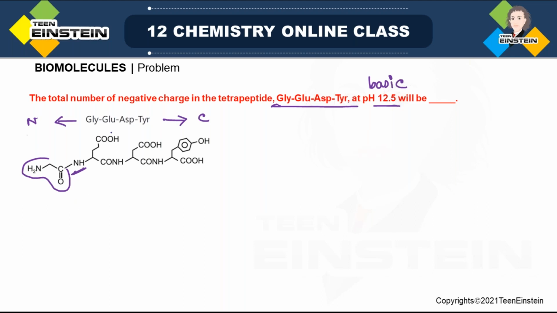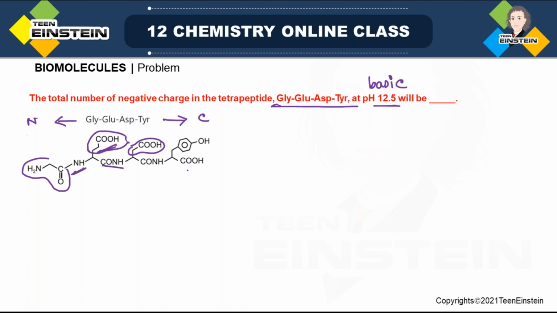The next amino acid is GLU, glutamic acid. In glutamic acid, this is the side chain CH2CH2CO2H. And this is the peptide bond CONH. The third amino acid is aspartic acid, ASP. Now here the side chain is CH2COOH. This is the side chain for GLU, but for ASP it is a similar type of side chain, only one carbon less.